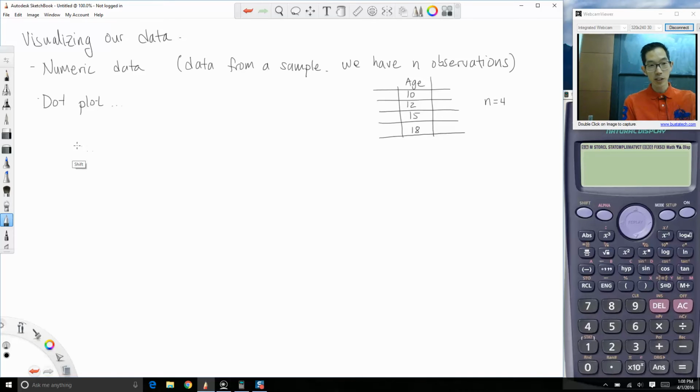And so for a dot plot, basically you just have a number line. Okay. And I'm just arbitrarily starting it at 5. I probably should, actually, let me start it higher than that. We'll say 8, 9, 10, 12.